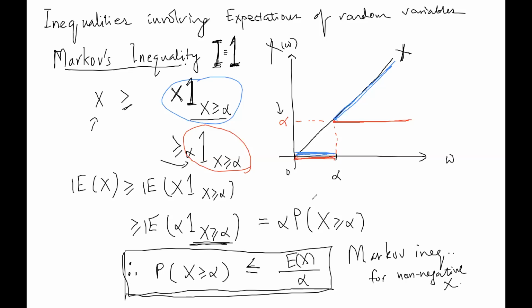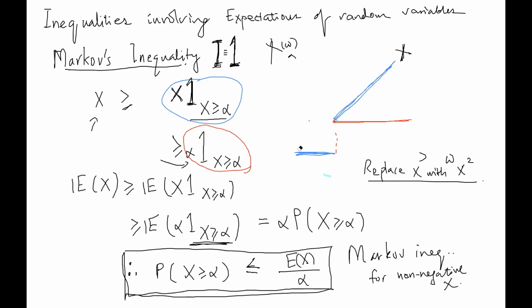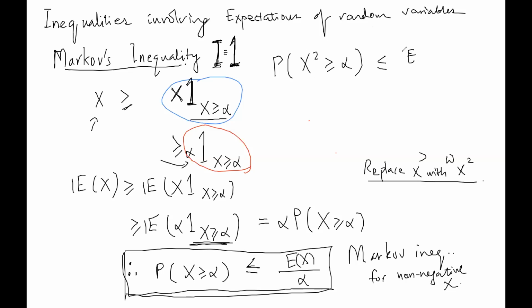This will also hold if you replace x with x squared. So this will also hold, and basically you will have P of x squared, you just replace x with x squared, so you will get this.